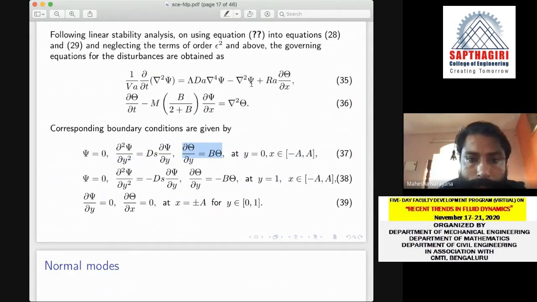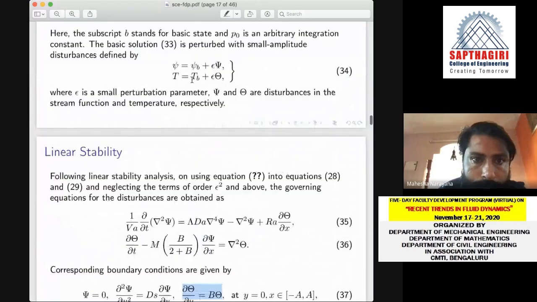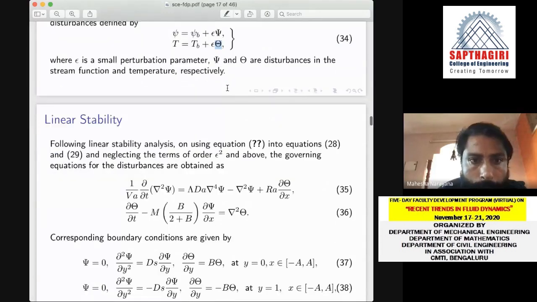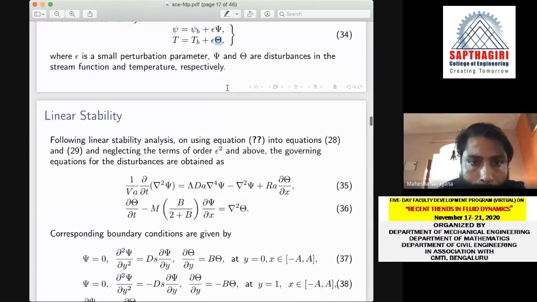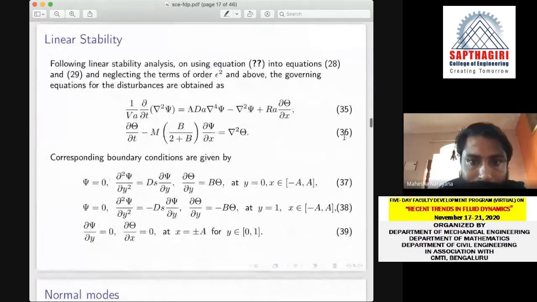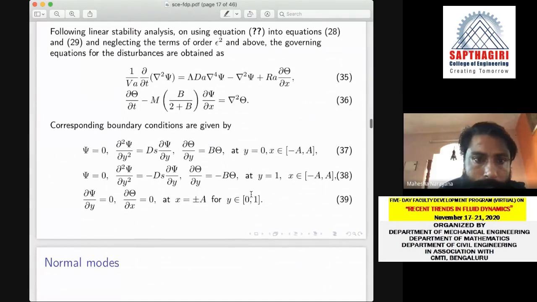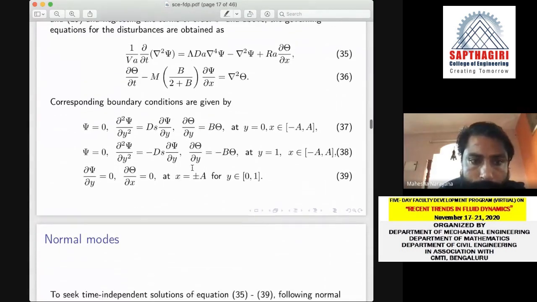So as a result, we will know the solutions psi and T if we know the perturbations, uppercase psi and uppercase theta. Okay, so this is what gives the solution. And equations 35, 36 are linear homogeneous. Equations 37 and 38 are homogeneous boundary conditions.